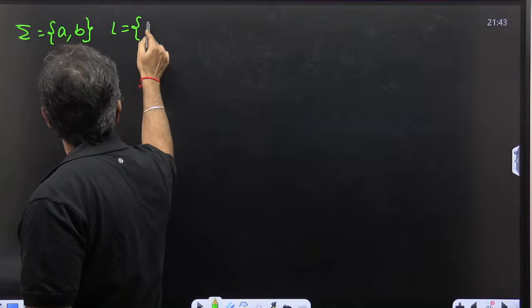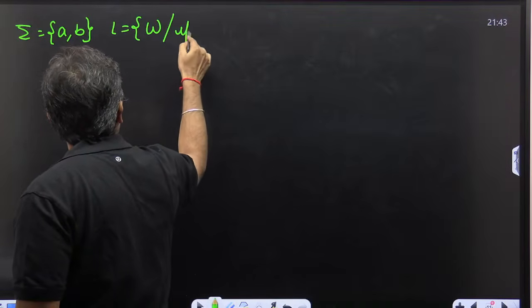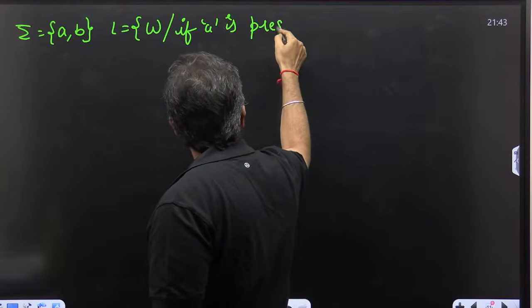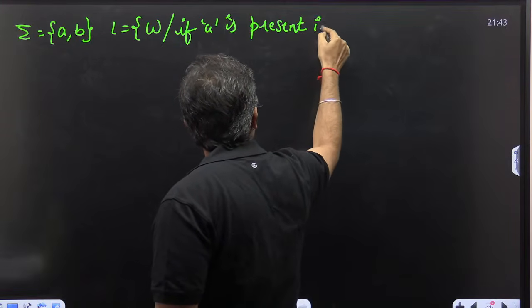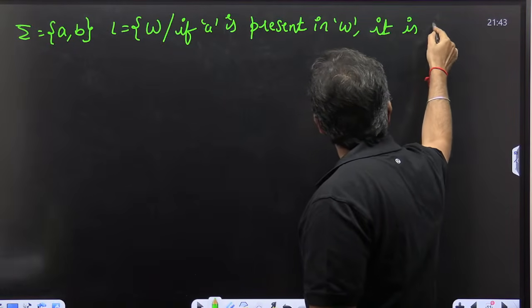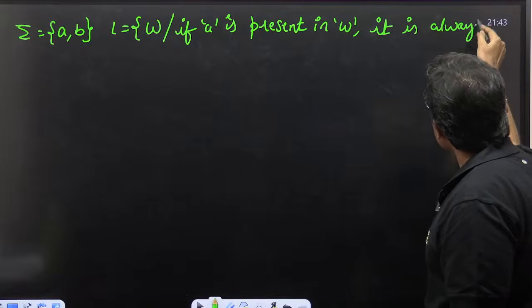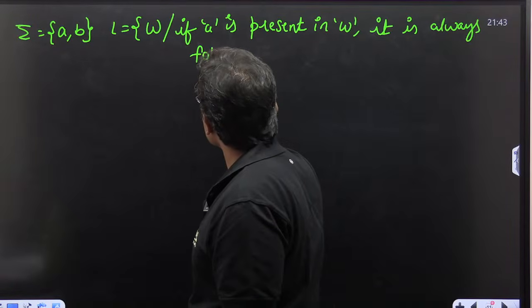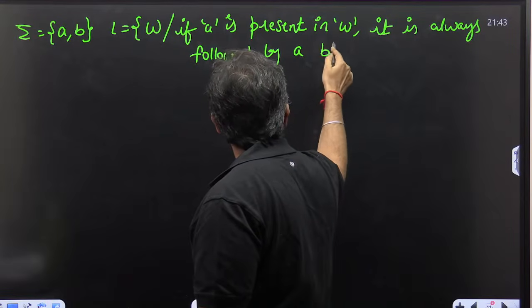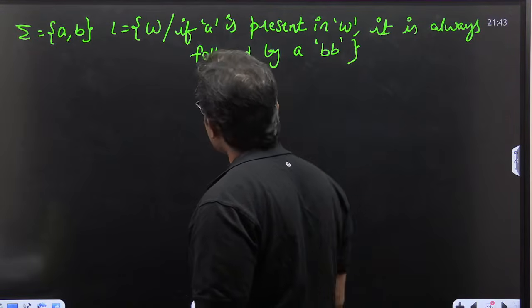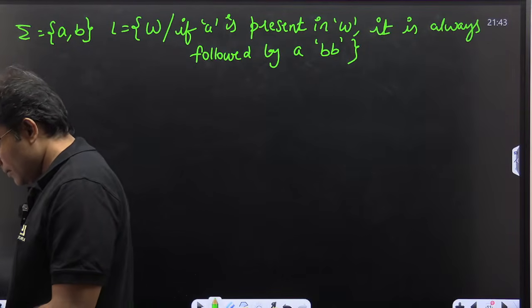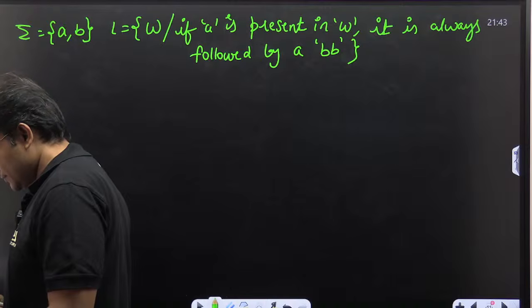Language equal to the set of all strings w such that if a is present in w, it is always followed by bb. Answer this question, guys.